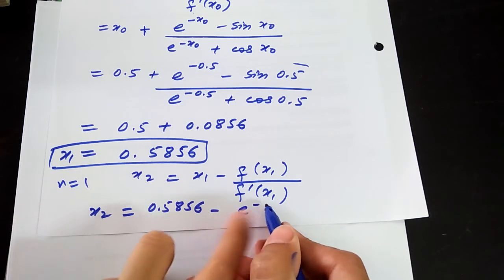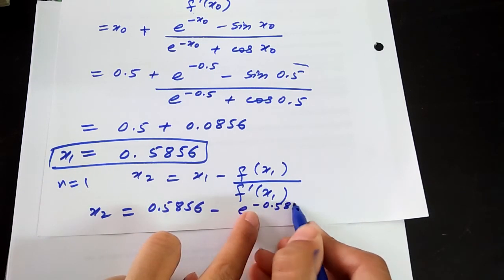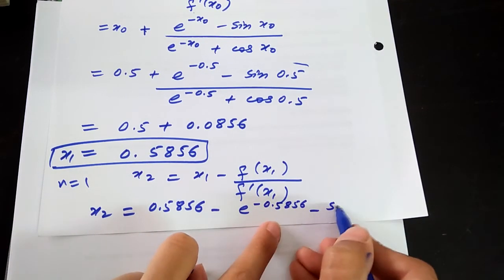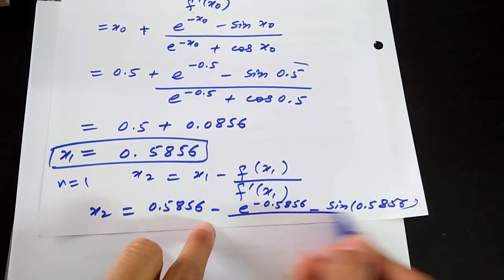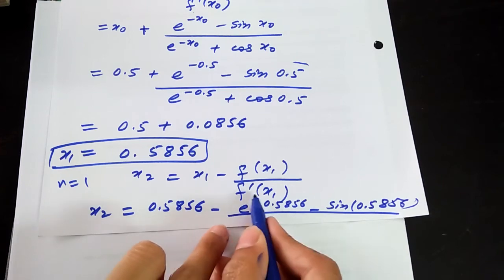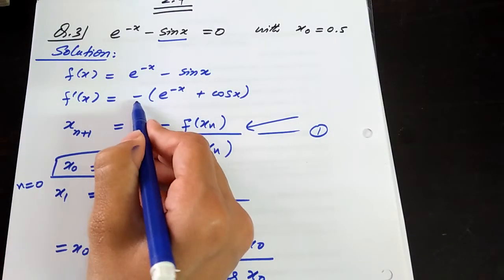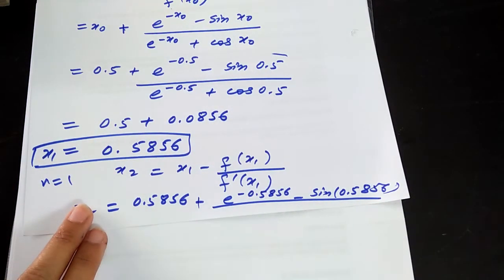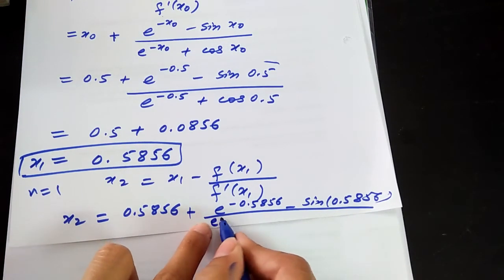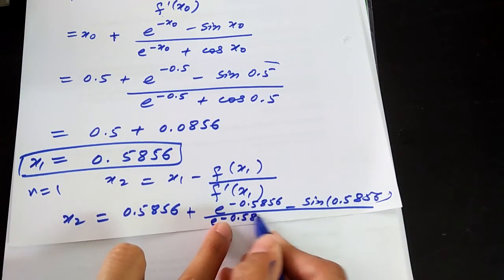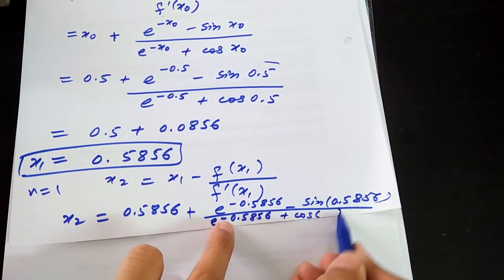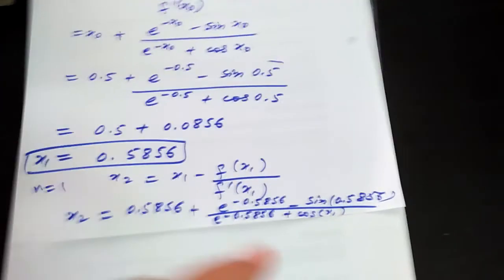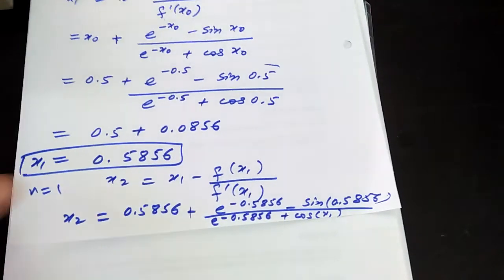This will be e raised to power minus 0.5856 minus sine of 0.5856 divided by f dash of x1. You know that f dash of x, this negative and this negative will become positive, and your function will be e raised to power minus 0.5856 plus cos of the same x1 value here. Now solve it using your calculator.